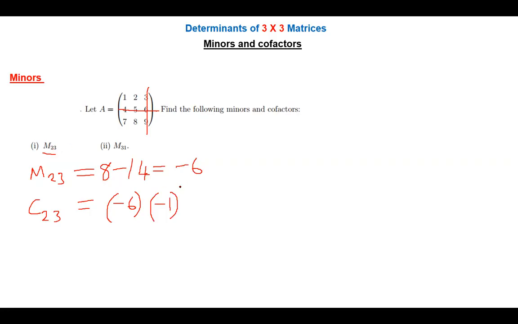So when you add 2 plus 3, you get 5. So negative 1 to the power 5, you get a negative 1 again. So that negative 1, you multiply it with negative 6, you get your answer to be positive 6.